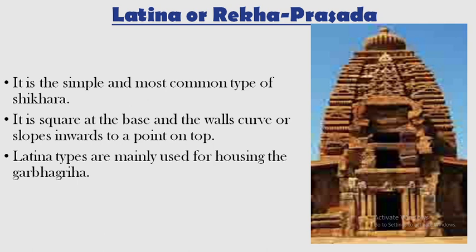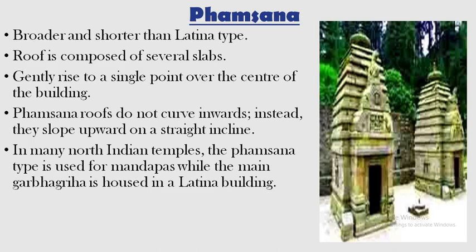Very simple type. The initial first stage of development of temples usually have this Latina or the Reka Prasada. Very common and very simple. Square base, and the Shikara will be sloping inwards to the point on the top, and it houses the Garbhagriha. So this is the first type.